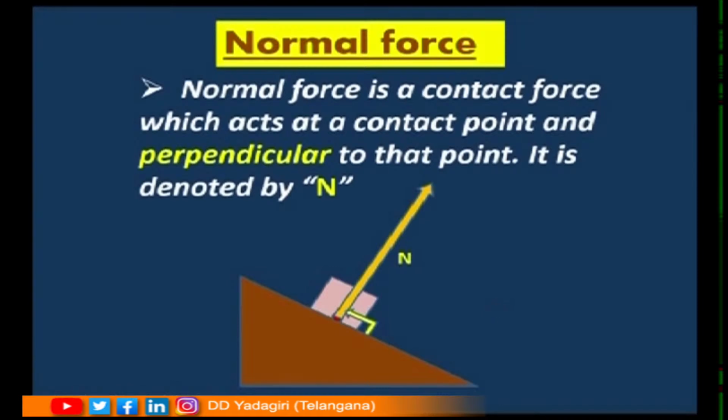The next force is normal force. Normal force is a contact force which acts at a contact point and perpendicular to the surface, and it is denoted by capital N. Observe here, children, a block is placed on an inclined plane, and this is the normal force direction. Why is it in this direction?